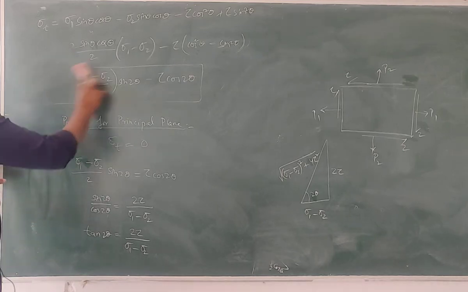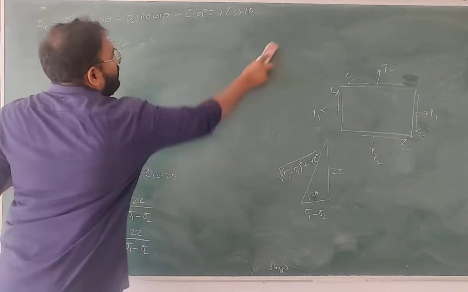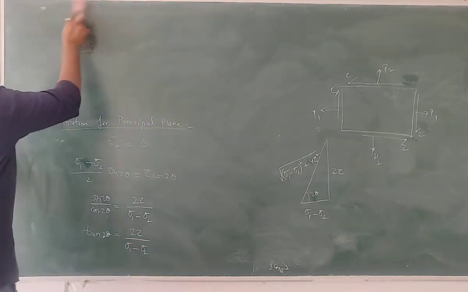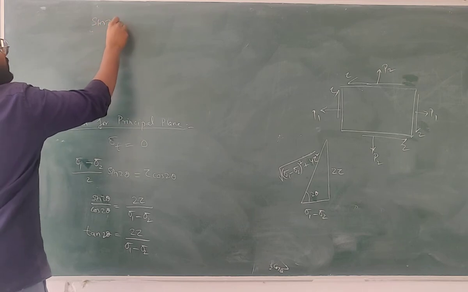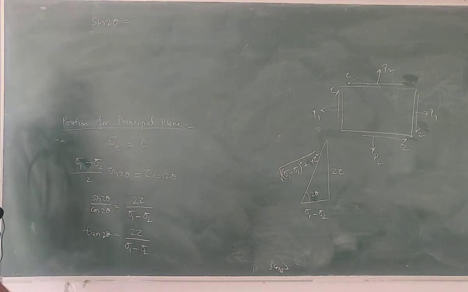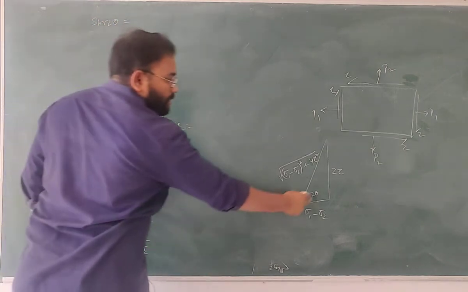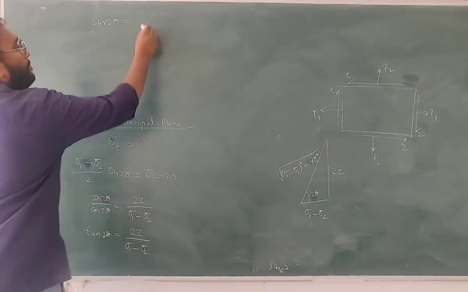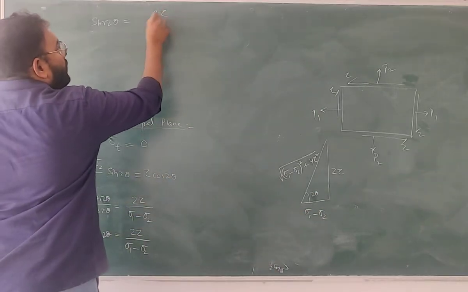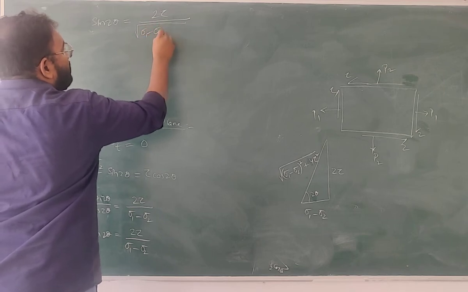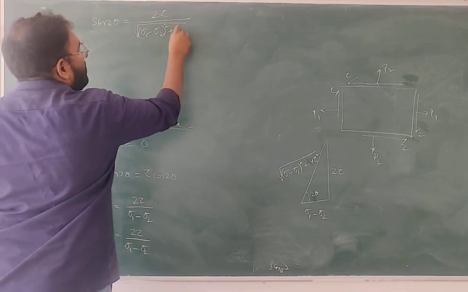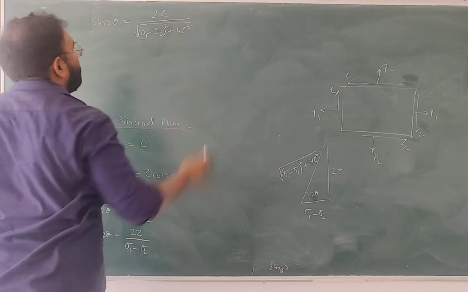Or from this, tell me what is sin 2 theta equal to? Sin 2 theta is equal to opposite by hypotenuse. So 2 tau by under root of (sigma 1 minus sigma 2) square plus 4 tau square.